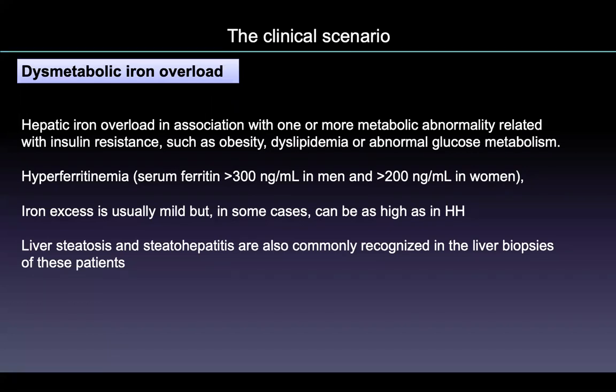So these patients have hyperferritinemia, and usually the iron excess is mild, but in some cases it can be as high as in hereditary hemochromatosis. And because this is associated with metabolic syndrome, it's not surprising that liver steatosis and steatohepatitis are also commonly recognized in the liver biopsies of these patients.